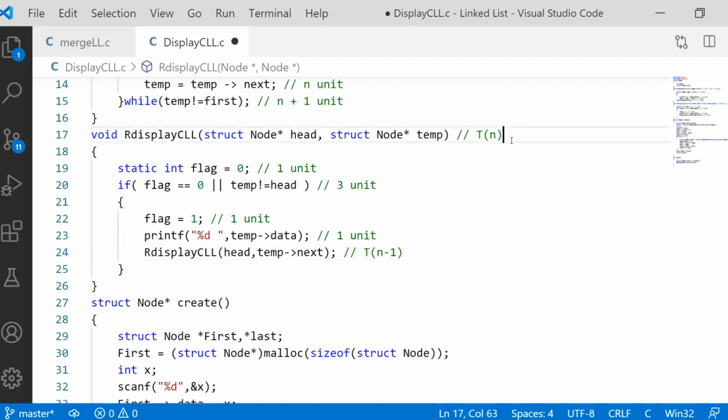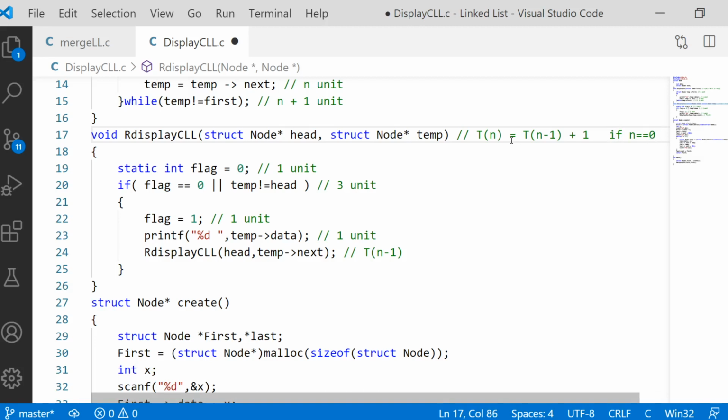So what is the recurrence relation? The recurrence relation is T of n is equal to T of n minus 1 plus 6. Whereas I always told that if you have a constant, take it as 1. So it is T of n equal to T of n minus 1 plus 1. What's the base condition? If n equal to 0, what will happen?